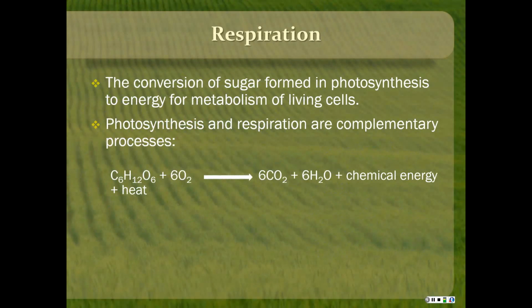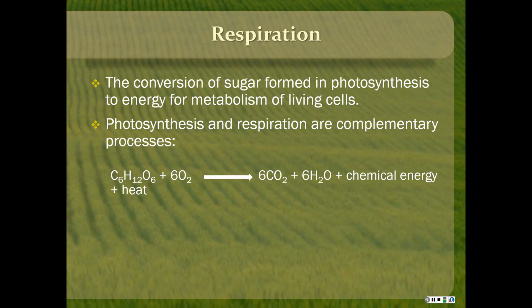And then once the plant has made the sugar and needs to use it, the sugar formed in photosynthesis needs to be converted to energy for the metabolism of living cells. And that process is called respiration. And you can see, if you remember the equation we put up before, the equation for respiration is the exact opposite of the one for photosynthesis.